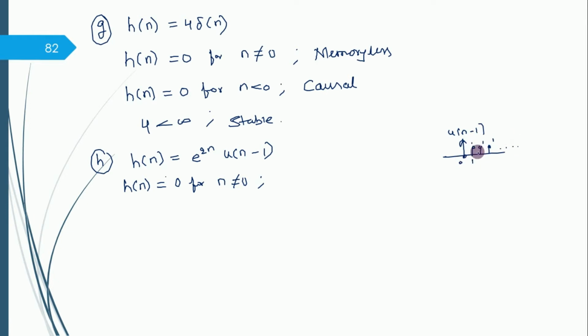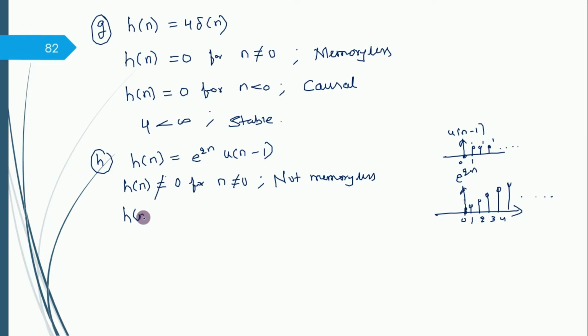This is u of n minus 1. From here, it gets multiplied with e raised to 2n, which would look like this. For 0, if you multiply it, it goes to 0. From here onwards, it will reach till infinity. So h of n is not equal to 0 for n not equal to 0, because at n equal to 1, 2, 3 you have finite values. Hence, it is not memoryless.